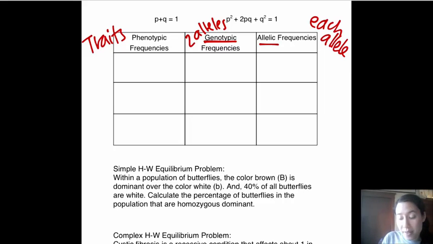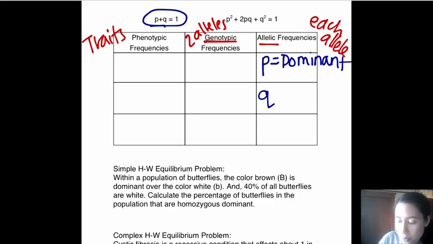So the allelic frequencies are laid out, and this is the key here for P and Q. So P is the dominant allele, and Q is the recessive allele. And this is the overall percentage or frequency of P and Q in the population.